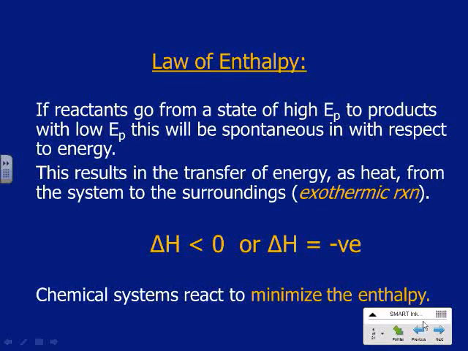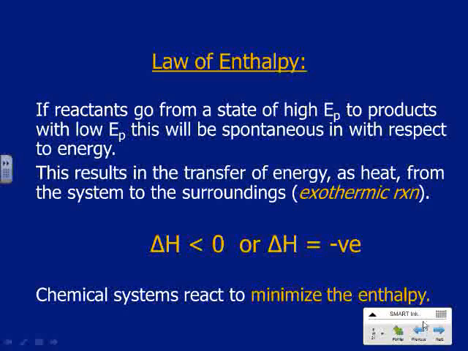And so just like in a physical system, something of high gravitational potential energy will just naturally proceed to lower gravitational potential energy. A chemical system of high enthalpy will naturally proceed to a system of lower enthalpy.